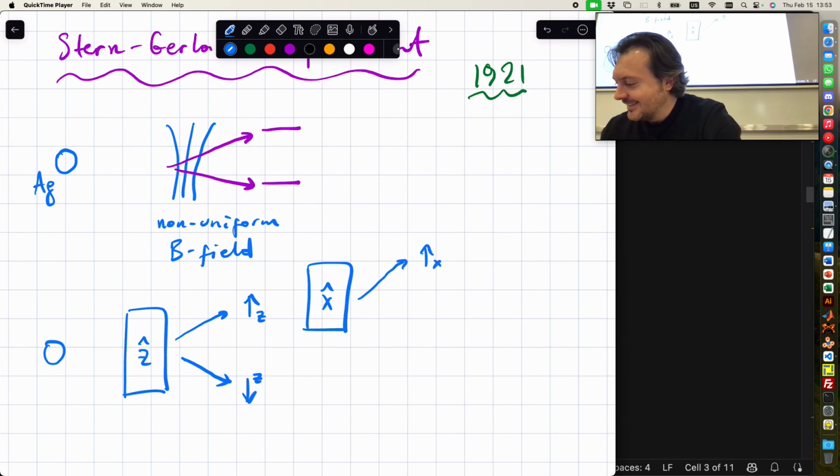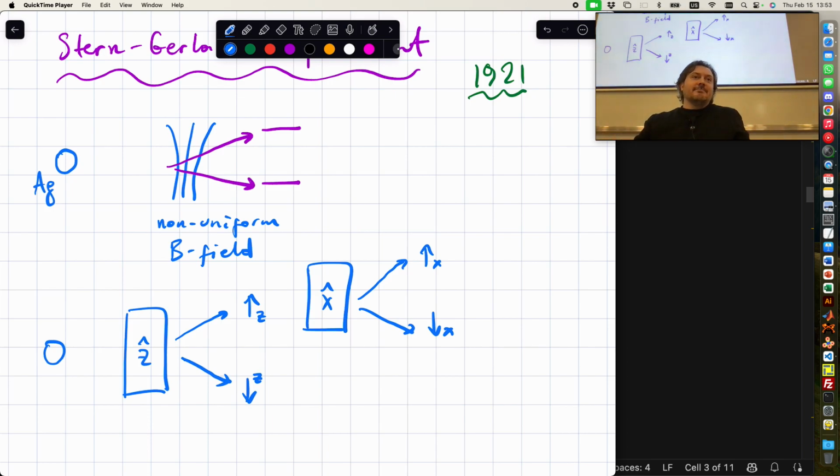Up x, down x. It seems like your experiment is changing the nature of reality. When you measure it, the system changes.